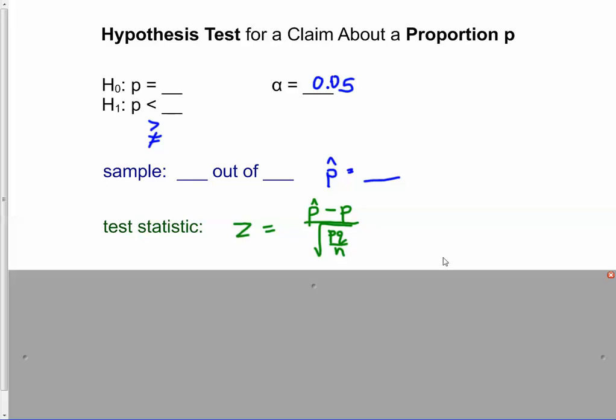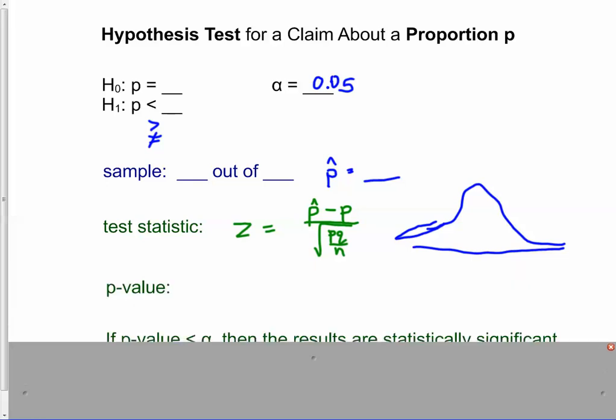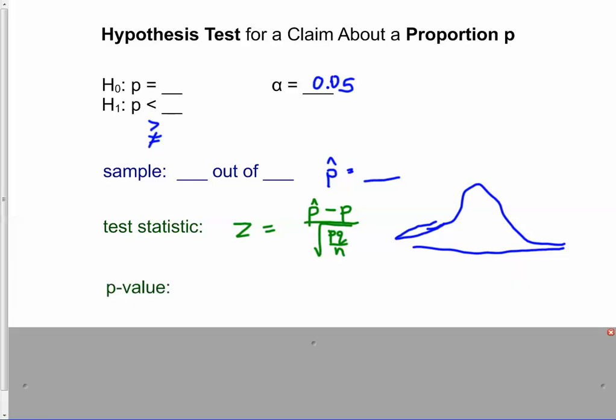And this z has a standard normal distribution. Sorry about the messy picture here, but standard normal, which is what z always is, and then you use your calculator or a z table, a z chart, to turn that into a probability, and that's called the p-value.